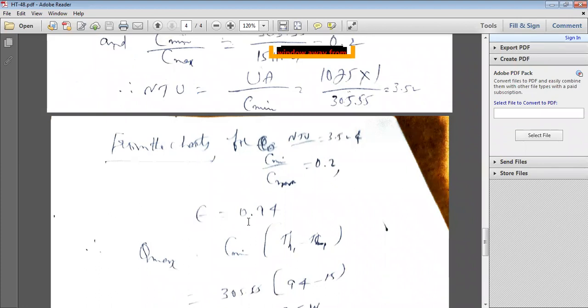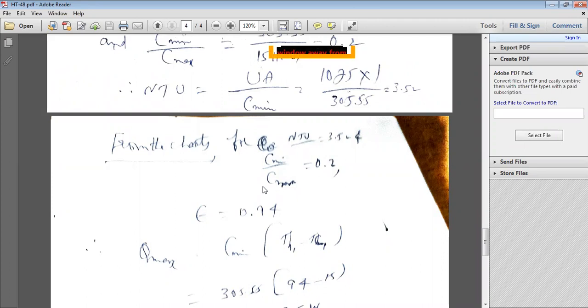So here sometimes the data is readily available, you can calculate epsilon by using Q actual by Q max. But if data is not available, you can get the effectiveness value from the charts also. Charts are also available from the heat and mass transfer data book for heat exchangers.